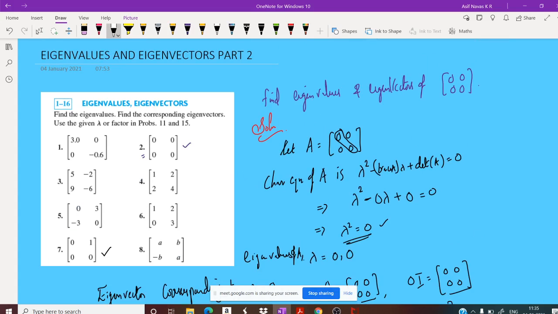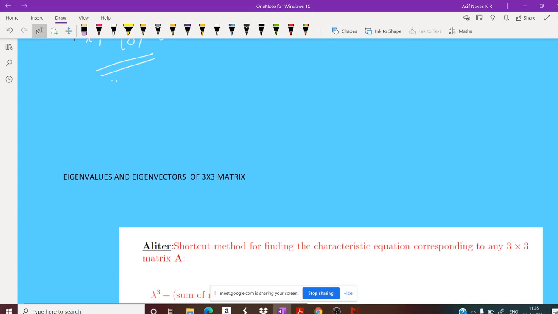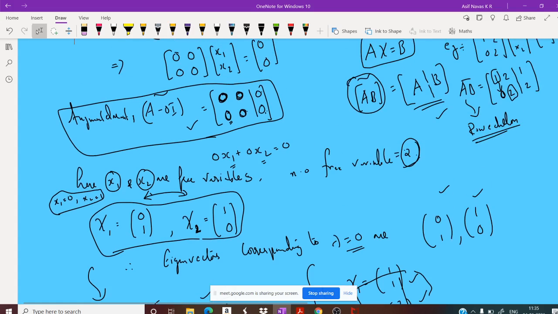Sir, if two eigenvalues are there, then there should be two eigenvectors, right? No, no, no. If there are two distinct eigenvalues, then there must be two eigenvectors.